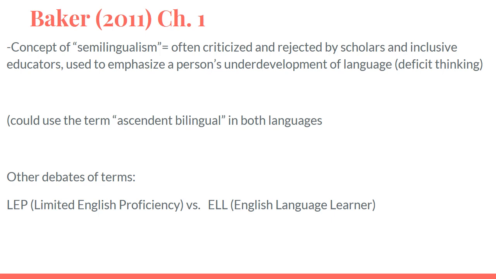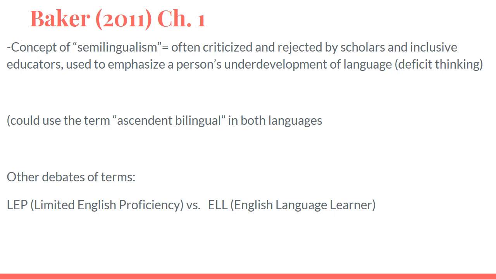On the other hand, a better term to probably describe someone who's still developing their abilities in their second language is an ascendant bilingual. We've used that a lot in the last video. So an ascendant bilingual is someone who is growing or improving in both languages, including their native language and their second language that they're learning often in the school setting.